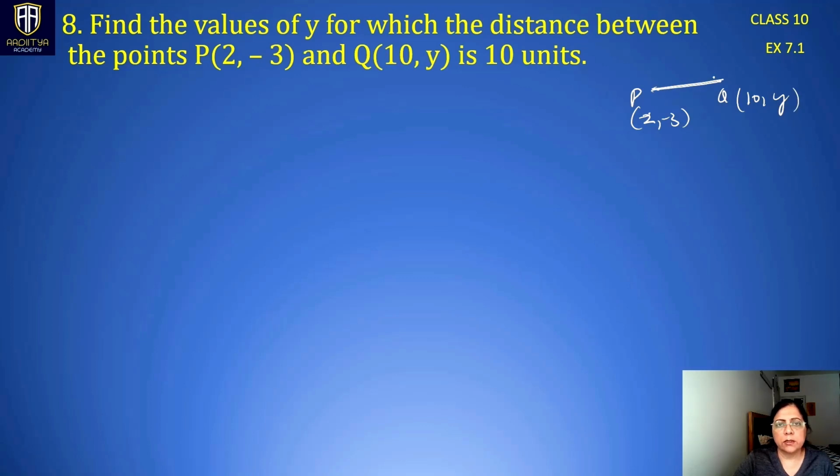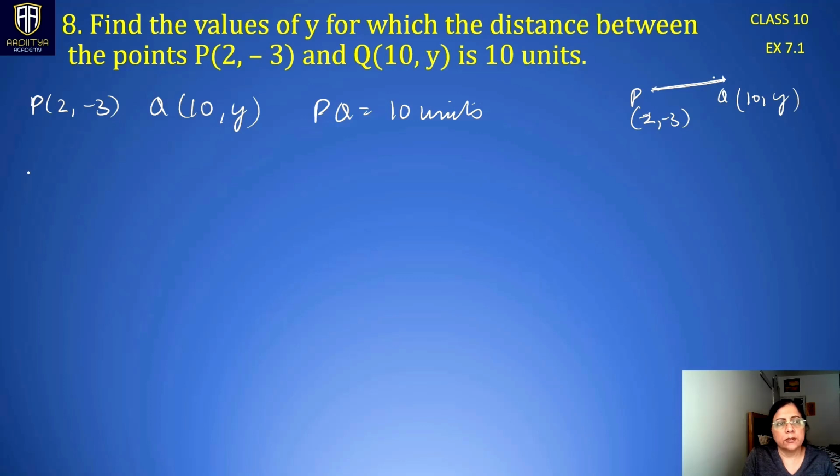The distance PQ is given as 10 units. So we simply have to put the values: P is 2 comma minus 3, Q is 10 comma y, and distance PQ is given as 10 units.